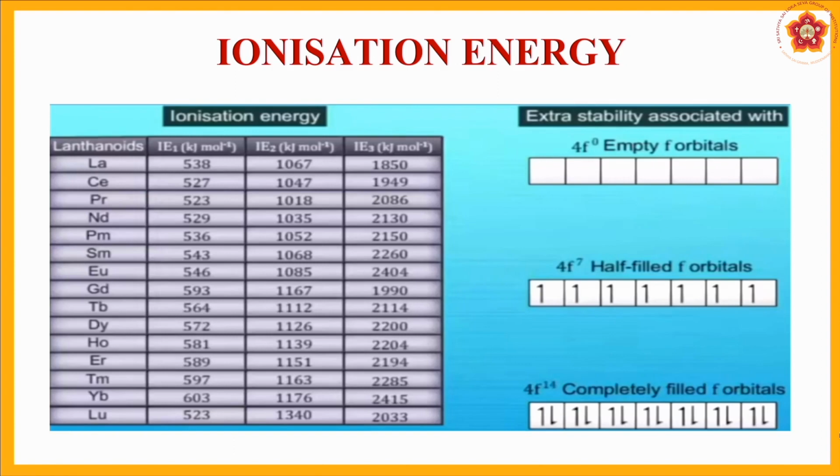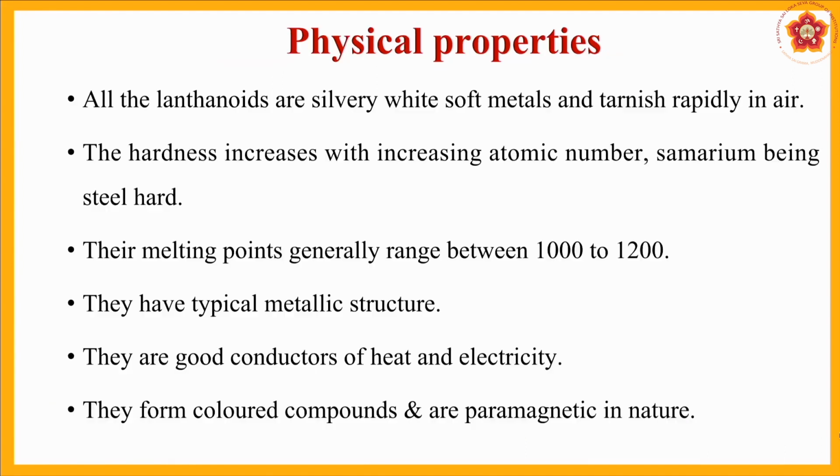The moment it is more stable, removal of an electron will be difficult. When it is stable by itself, we need more excess energy to remove electrons from those systems. So this is the application of ionization energy in the lanthanoid series.